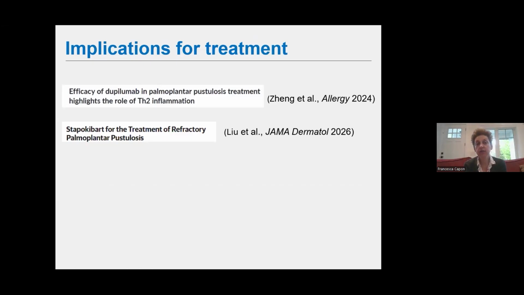And with the caveat that comes with the analysis of small case series, both studies reported that these agents were efficacious for PPP treatment. And an alternative view is that if we want to inhibit both Th2 responses, but also the Th17 responses that were implicated by our single-cell RNA sequencing studies and by subsequent transcriptomic studies, we need to use agents that can block both pathways.